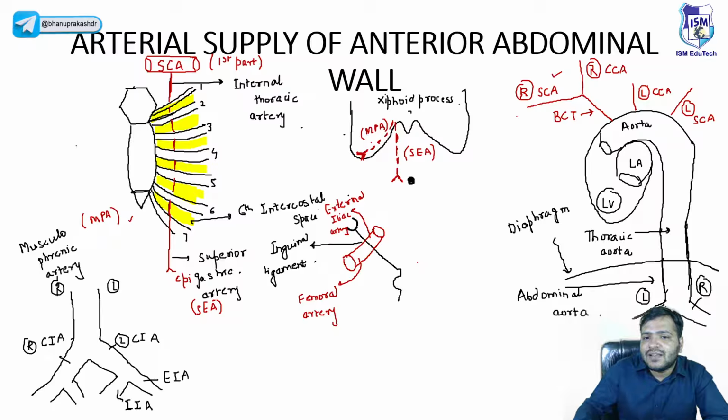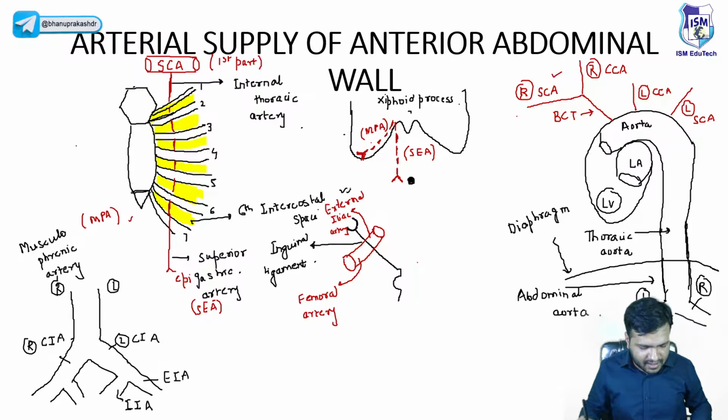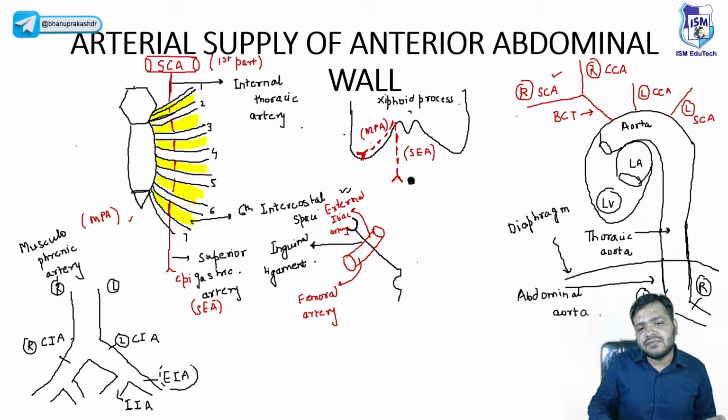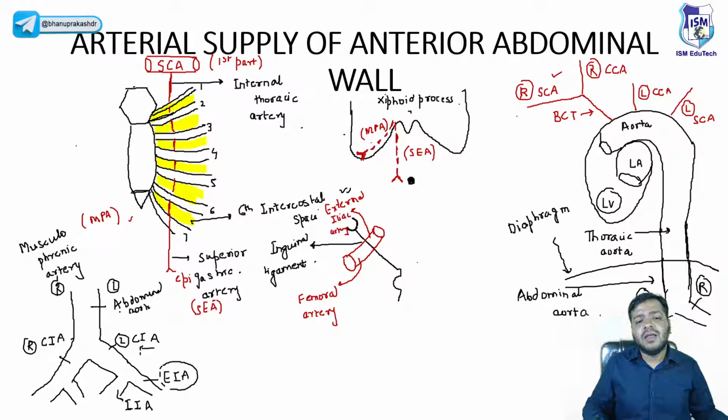External iliac artery को ट्रेस करो रेट्रोग्रेड मैनर में. It is coming from the common iliac artery, which is resulting due to the bifurcation of which aorta? Abdominal aorta. Abdominal aorta, thoracic aorta, aorta, left ventricle.